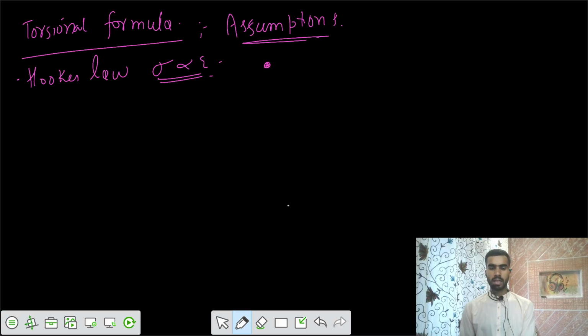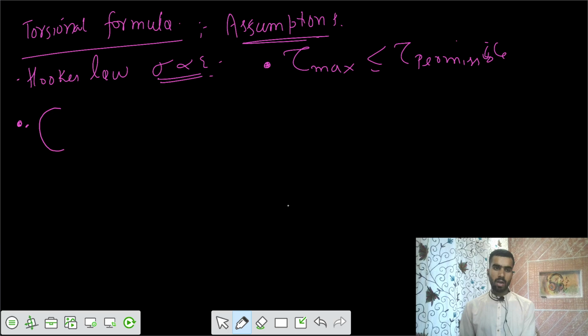Next, the maximum shear stress is less than the permissible stress, so tau max should be less than tau permissible. Our topic is the circular section, and the circular section remains plane after twisting.